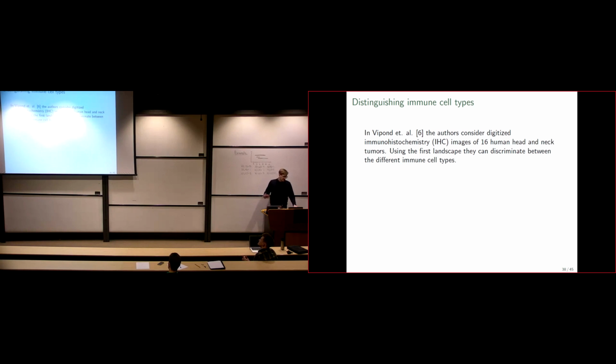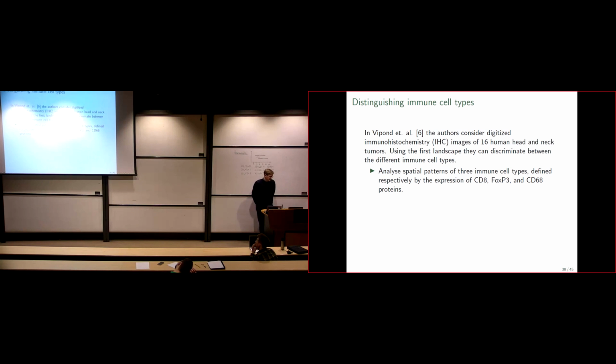They found that this information was enough to distinguish these cell types. More specifically, they analyzed the spatial patterns of these cell types, constructing their test data by staining these slides and annotating them. Pathologists annotated them manually to construct the test data.